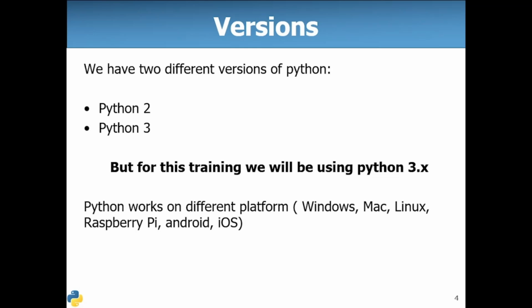Currently we're using Python 3 because that's the latest version. Python 3 keeps increasing in its versions, like 3.11 and so on. Python works on different platforms: Windows, which is what we're using, Mac, Linux, Raspberry Pi, Android, and iOS. So you can run your Python code on your phone or your system, no matter which OS you are using.